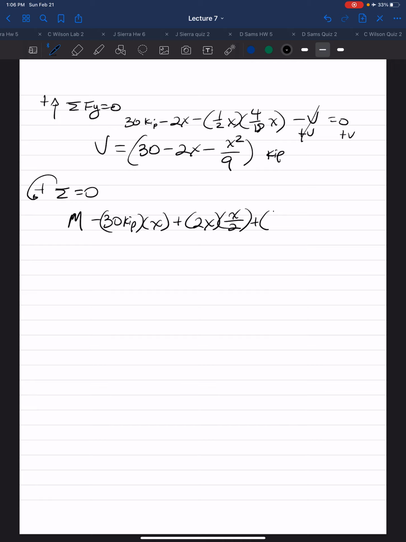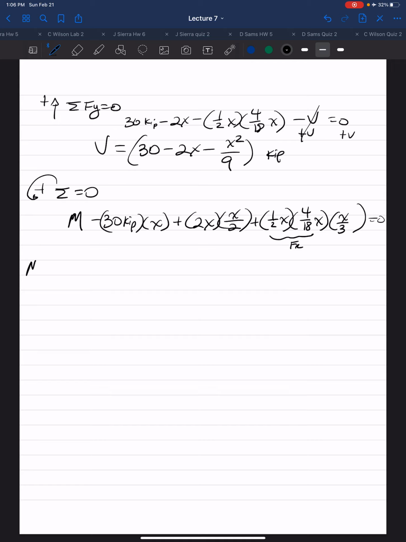For the triangular loading, the force is 1/2 the base, which is 1/2 x, times the height, which is 4/18 x. So that's our force component here, times the distance, which would be x over 3, 1/3 x, always to the larger side, equals 0.